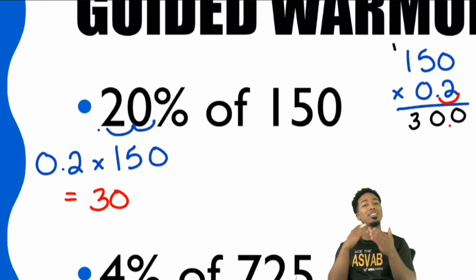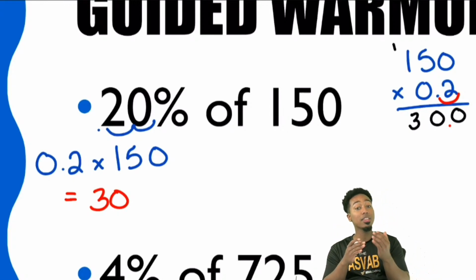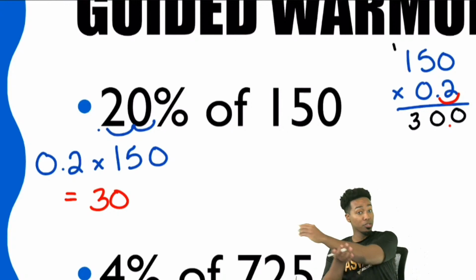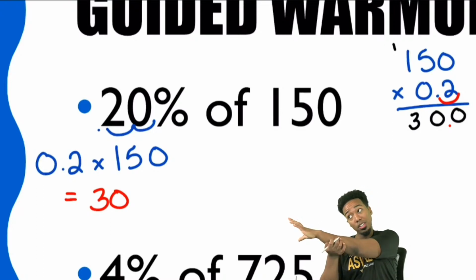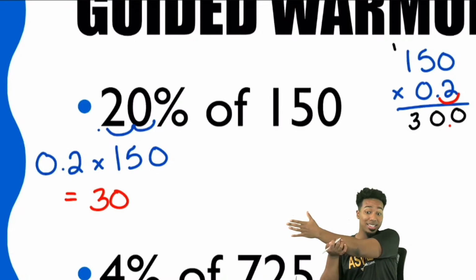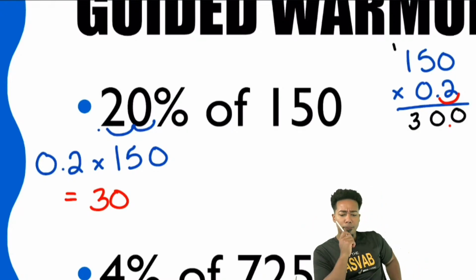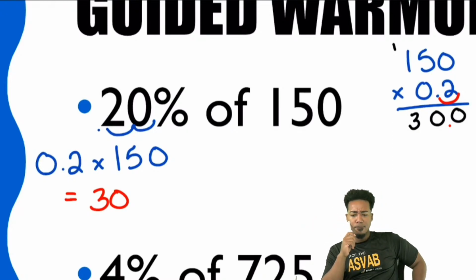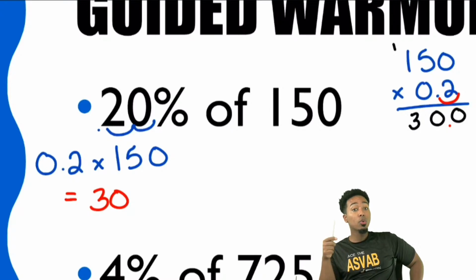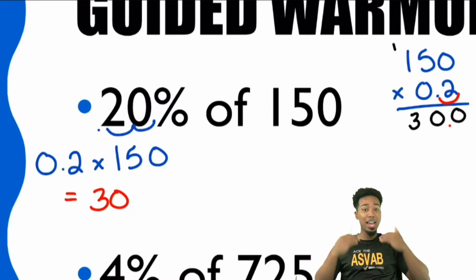But let's go ahead and think about it with mental math. Again, mental math, if you see a convenient percent like 20%, everybody, what do we know that we can say in terms of instead of doing the multiplication by the decimal, 20% of anything is the same as dividing by what? Exactly. 20% from 100, that's times 5.